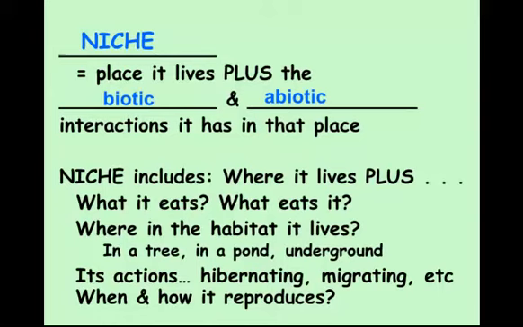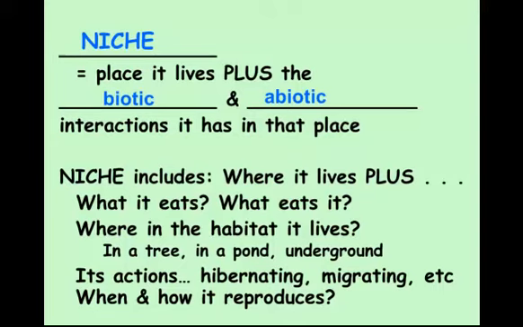What are you eating? Who is eating you? Where in the habitat are you living? If you live in a forest, do you live in a tree? Do you burrow underground? Do you live in a cave or a pond, edge of a stream? And what is it that you're doing there? Are you hibernating in the wintertime or migrating south for the winter?